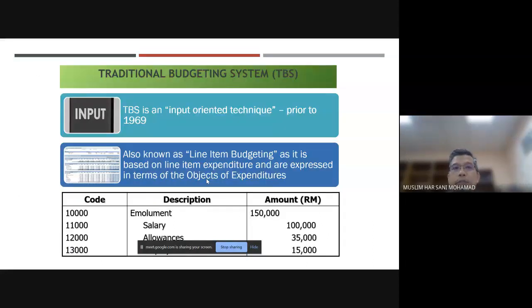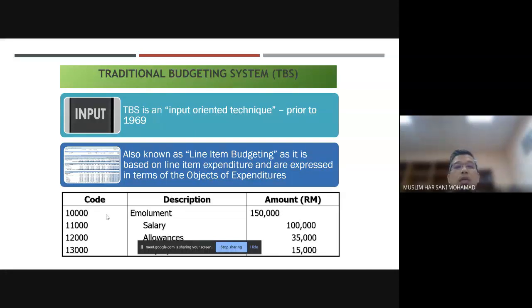Right, the traditional budgeting system, or input-oriented technique, is also known as line item budgeting. Line item refers to budget items. If you look at the bottom there, a table is provided as an example, with codes, descriptions, and amounts.